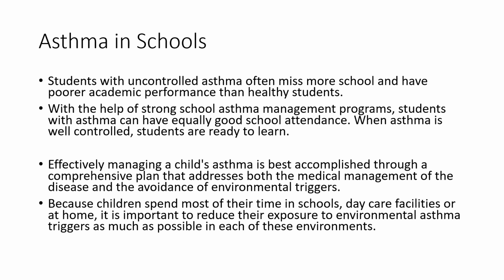So one of the problems we have is when we have students that have asthma, often they're in an environment that they can't control at all. So when you're in school, you're kind of at the mercy of the school, all right? And obviously, if you have school age children that have uncontrolled asthma, there are going to be several consequences of that.